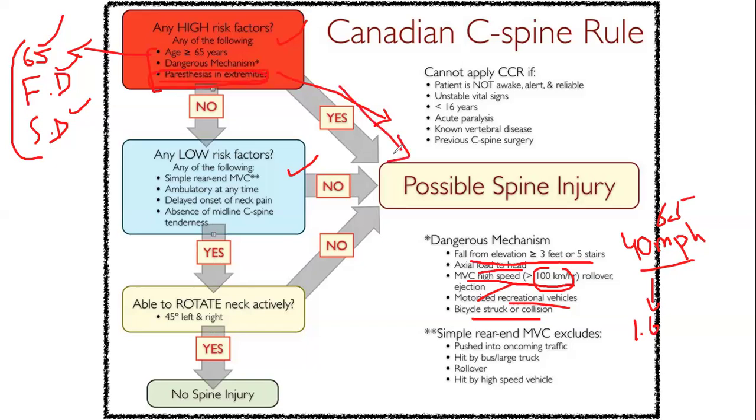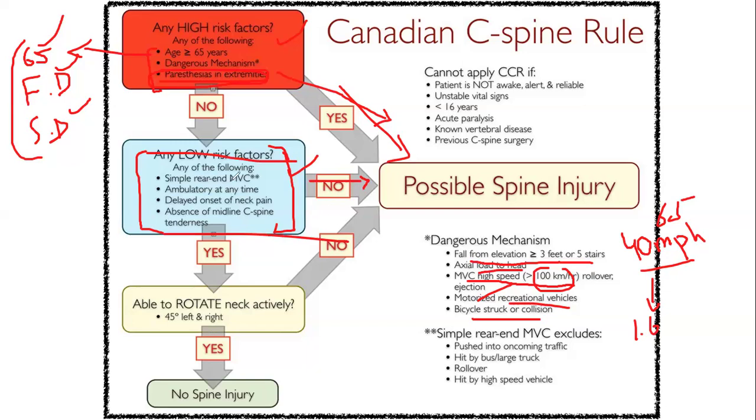If you do not find any of these high risk factors, what will you do? Then you will look for the low risk factors. If low risk factors are not present after major trauma or injury to the cervical spine, if you are suspecting, then you will definitely go for CT cervical spine. Okay.